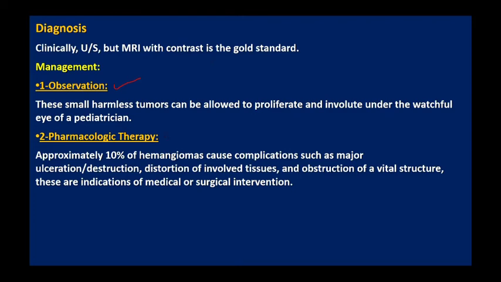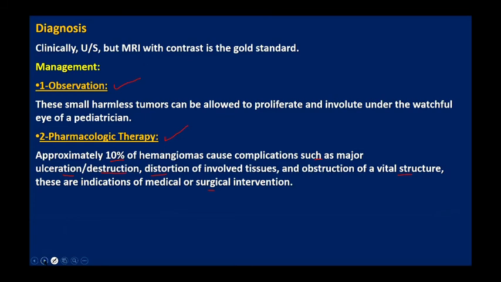Second, we use pharmacological therapy, drugs. About 10% of hemangiomas cause complications: ulceration, destruction, distortion, and involvement of tissue and vital structures. Sometimes this is an indication for medical and surgical treatment.